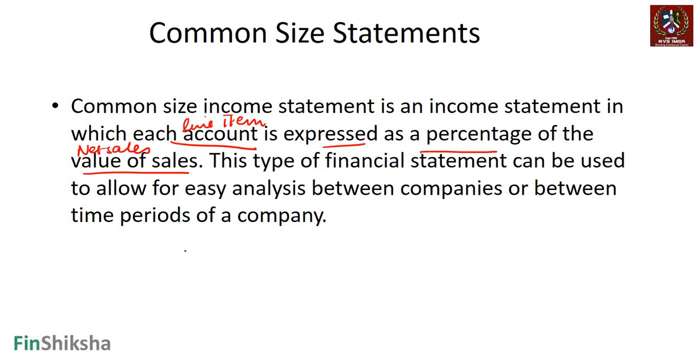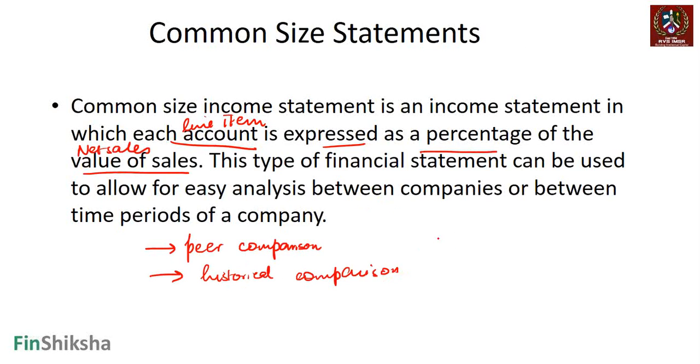So both from the perspective of peer comparison, when we are looking at various companies around us, or from the perspective of historical comparison, we can use common size statements, because this allows us to build each line item in the P&L as a percentage of sales.